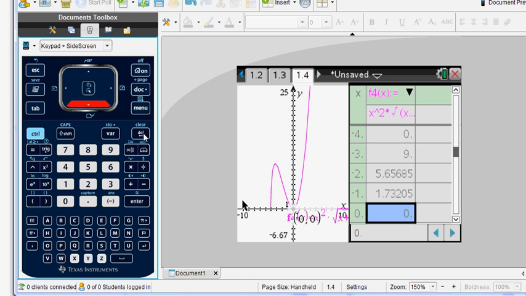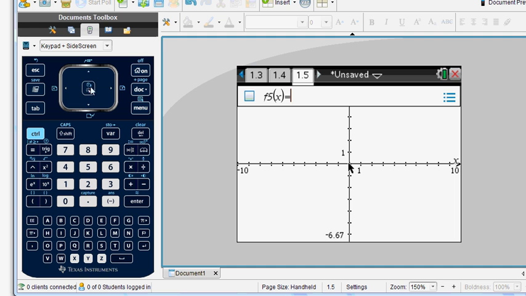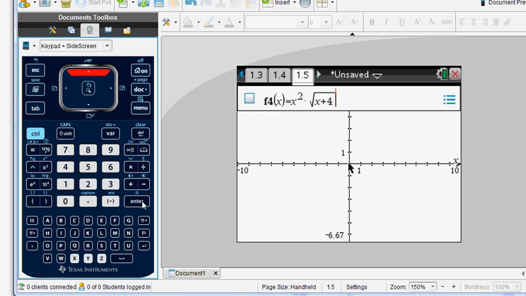And to do that, let's go ahead and press Control I. Let's see if we can graph this. Go up here, let's graph it again.